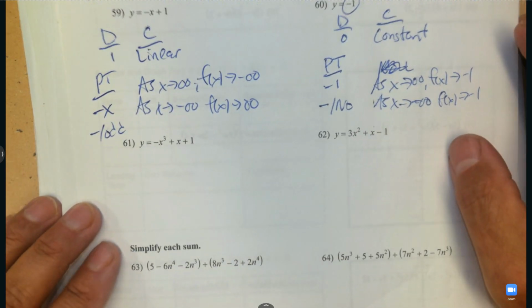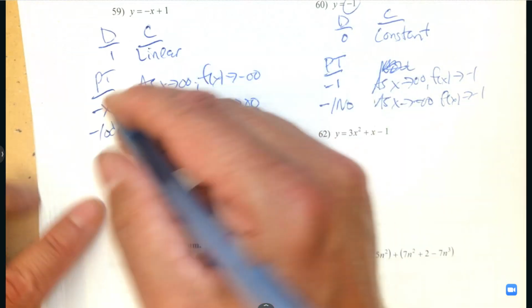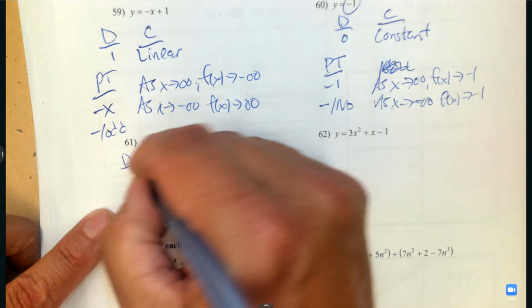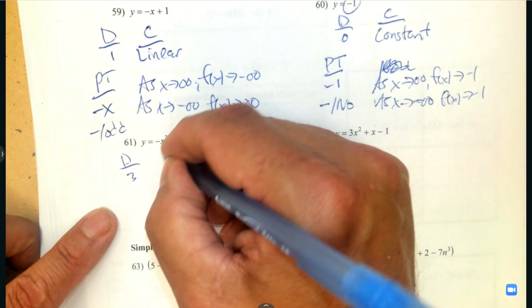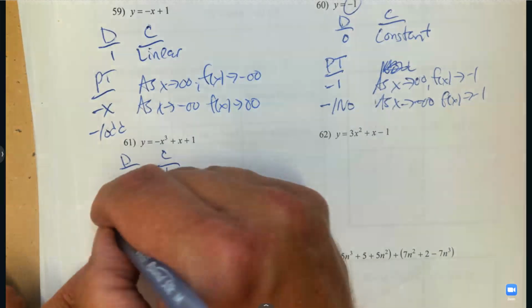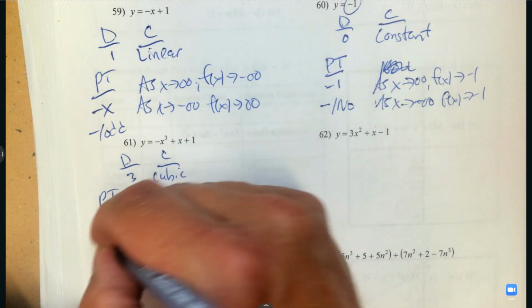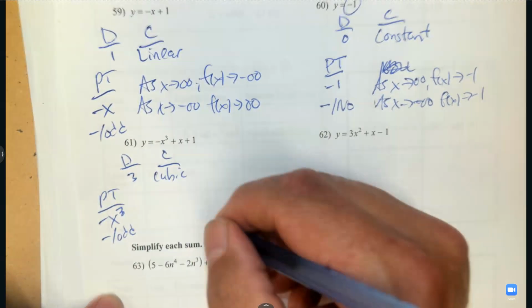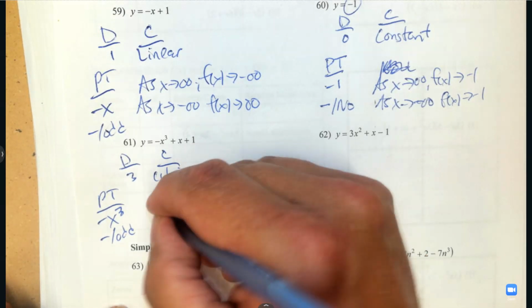Number 61, we got through it. All right, let's do this one. Fresh minds. The degree is 3. What name do we call it? What's the power term? What do we know about the power term? And then what's the end behavior?